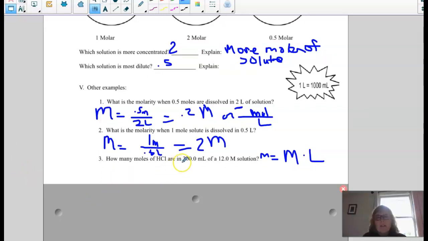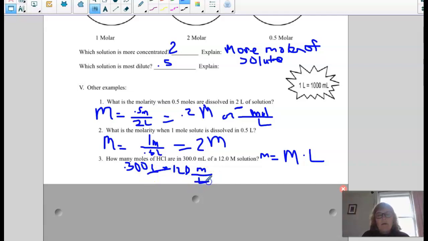So first thing you're going to do is you're going to change milliliters to liters. So you just need to divide by 1,000. So 300 divided by 1,000 will give you 0.3 liters. So 0.3 liters times a molarity of 12, but I'm actually going to write it as moles per liter.